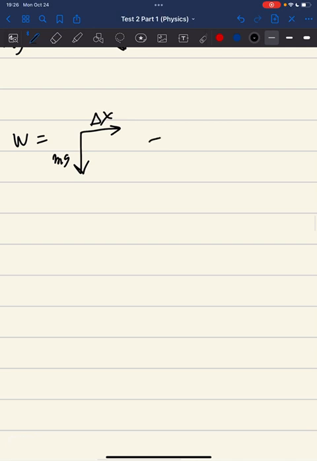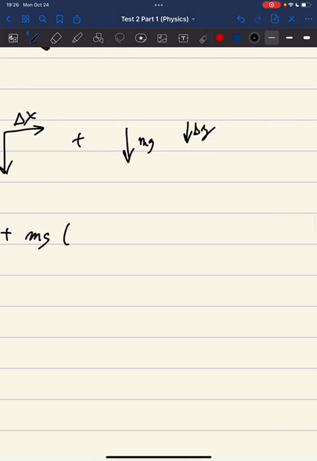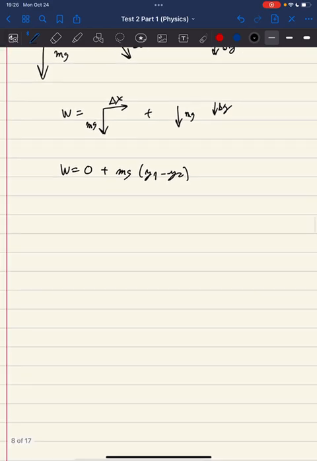Now we're gonna do with the change of y, which both of them will be going in the same direction. Correct. So now there's a big influence of mg to y1 and y2. So 0, because of the representation, they're canceling each other, plus mg to y1, y2. Yes, that's it for part B.